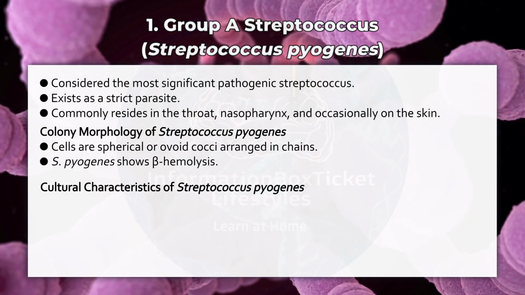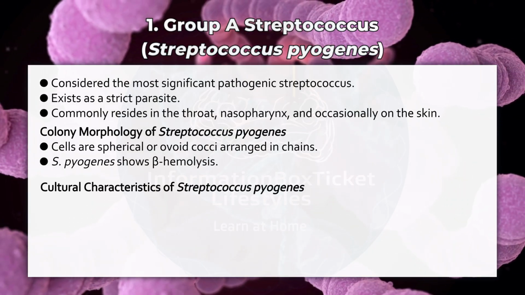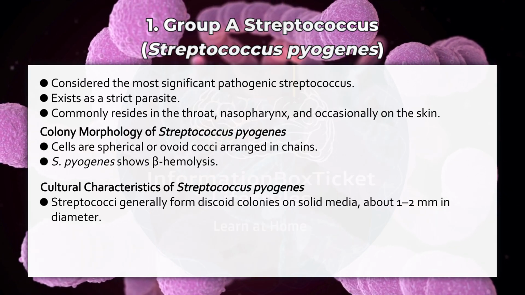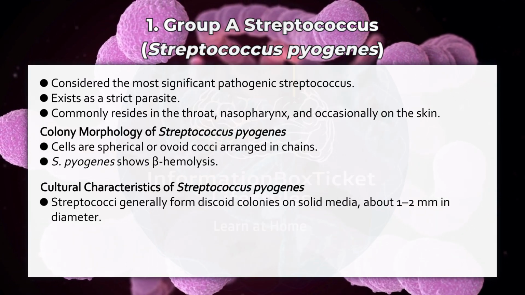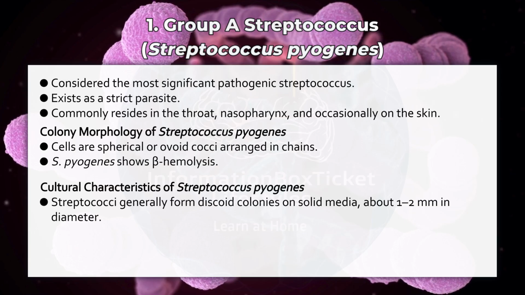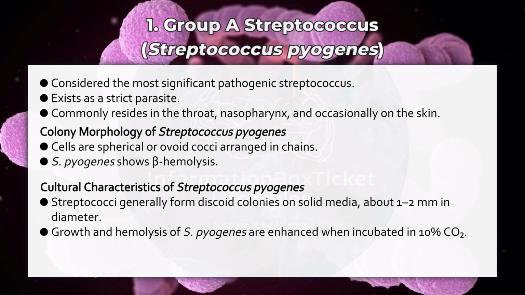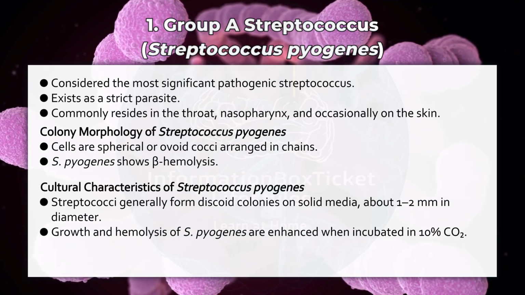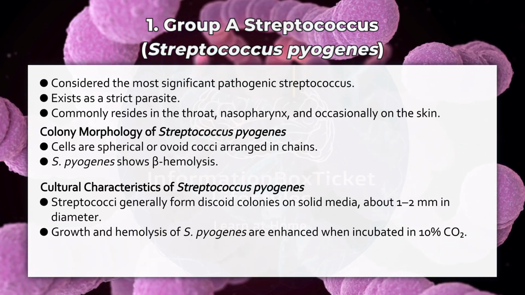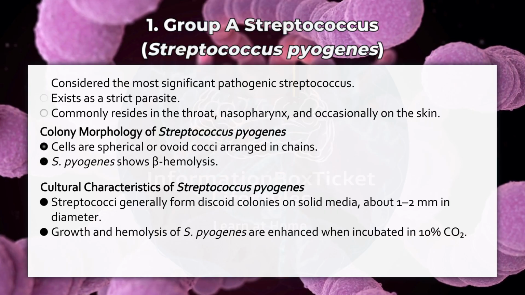Cultural characteristics of Streptococcus pyogenes. Streptococci generally form discoid colonies on solid media, about 1 to 2 millimeters in diameter. Growth and hemolysis of Streptococcus pyogenes are enhanced when incubated in 10% CO2.